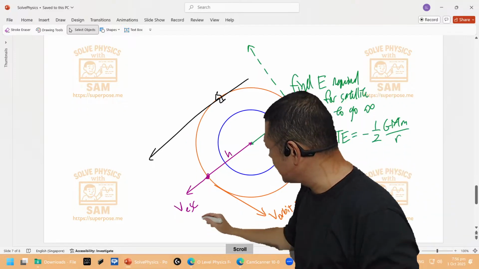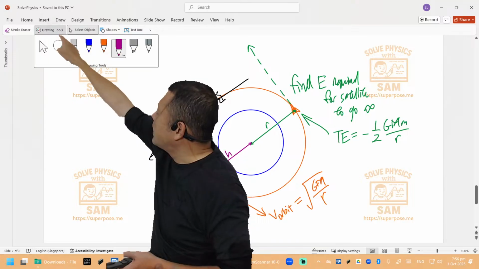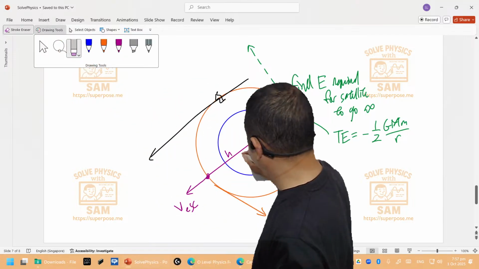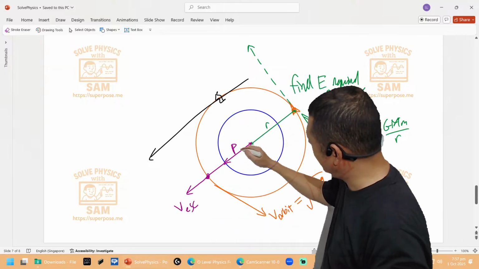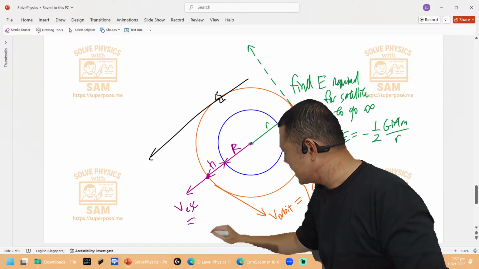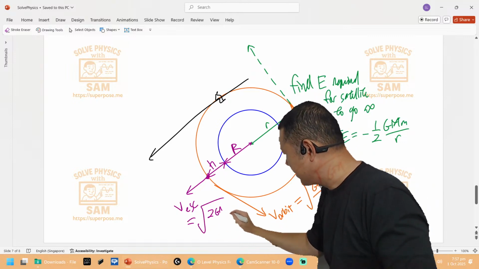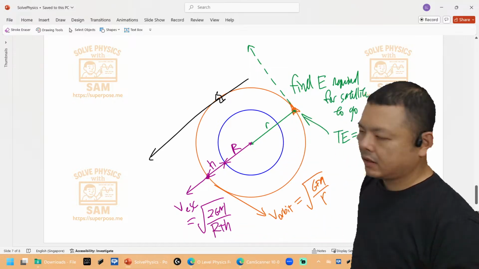So for the escape speed, if you're at this distance, let's call this r plus h, then v escape will be square root of 2GM over r plus h.